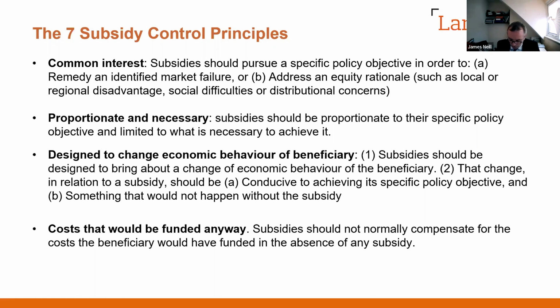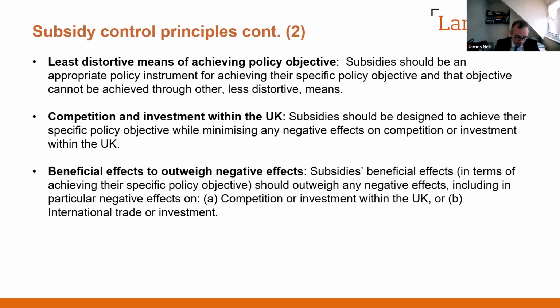So subsidies should not normally compensate for the costs that the beneficiary would have funded in the absence of any subsidy. And then finally, subsidies should be an appropriate policy instrument for achieving their policy objective, and that objective cannot be achieved through other less distortive means. And then there's the principle I've already highlighted above, which you can see in the definition of subsidy as well.